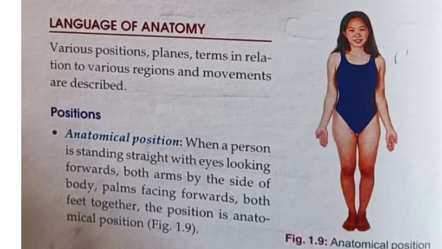Firstly, we will begin with the anatomical position. When a person is standing straight with eyes looking forwards, both arms by the side of the body, palms facing forwards, and both feet together, this is the anatomical position.